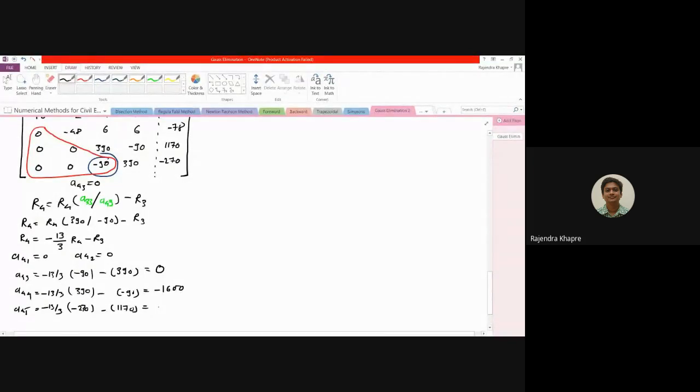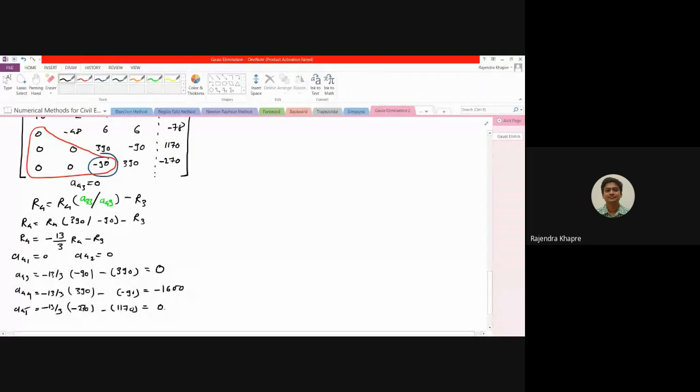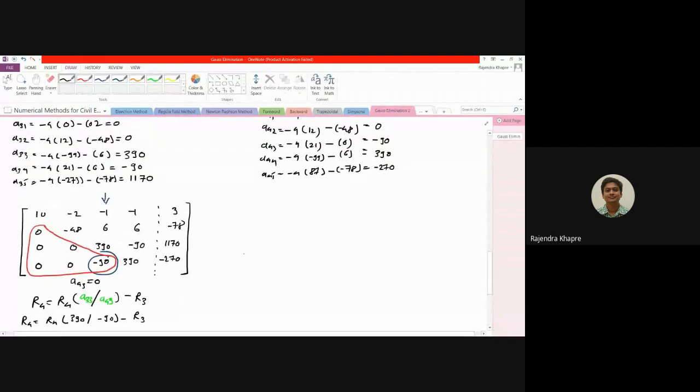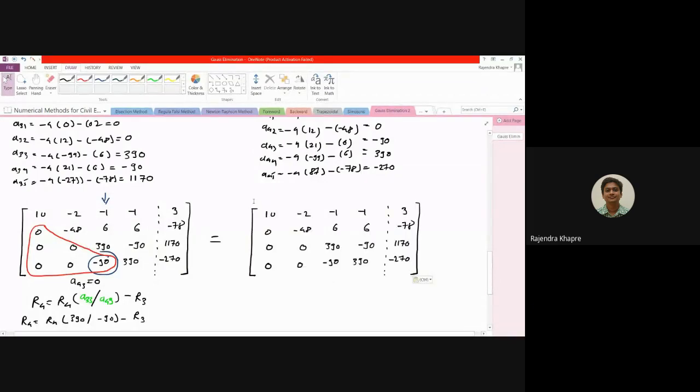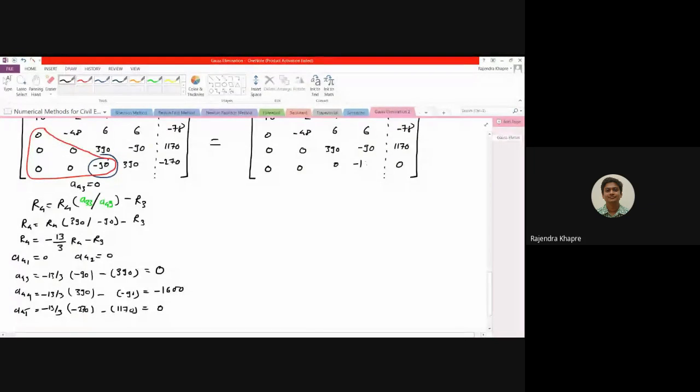And the third one, 0. Basically now this matrix will take this shape. It stays the same, only these values will be slightly different. Bottommost will be definitely 0, and we have also obtained this value as 0, only this value is minus 1600.